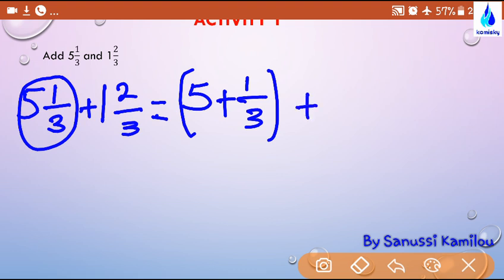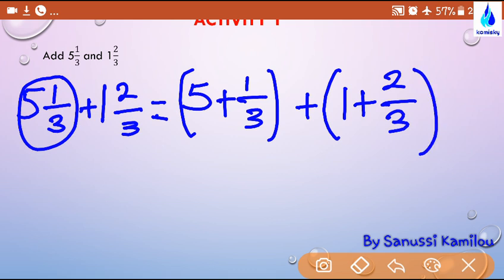The next one can also be written in the same form: 1 plus 2 over 3. Are you there? The next thing we will do is put our fractions together and our whole numbers together, as we said earlier on.